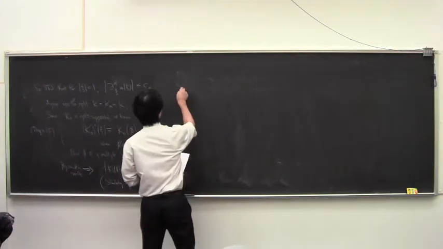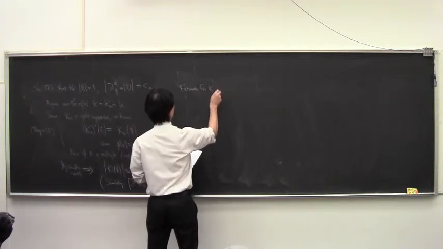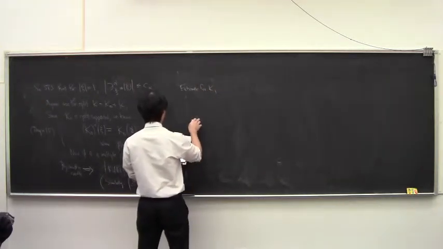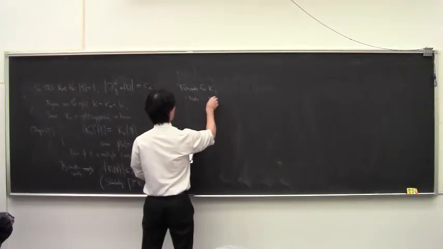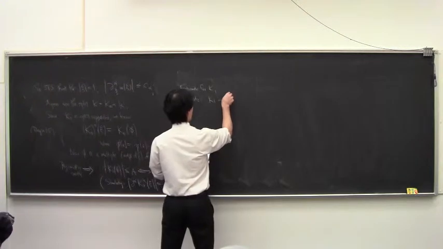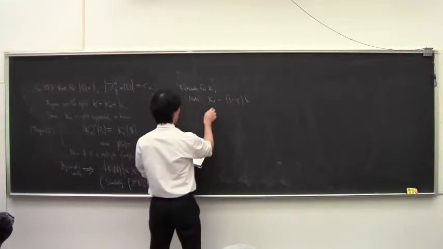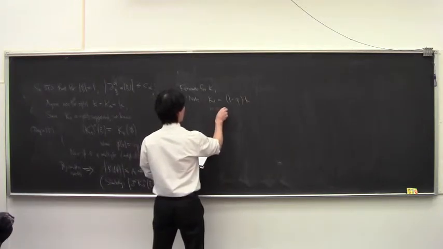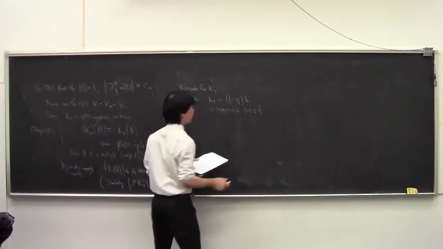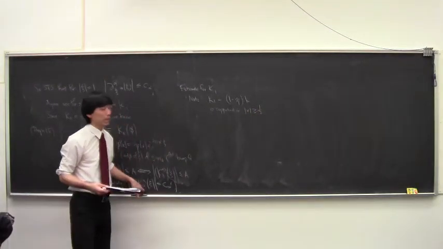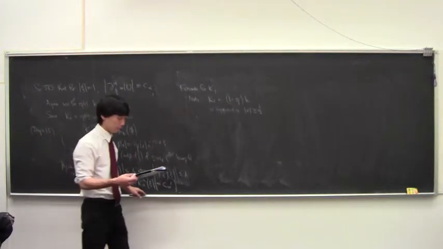So I guess, right. So note that K1, which is equal to 1 minus eta times little k, is supported outside the ball of radius a half, because eta was equal to 1 on the ball of radius a half.